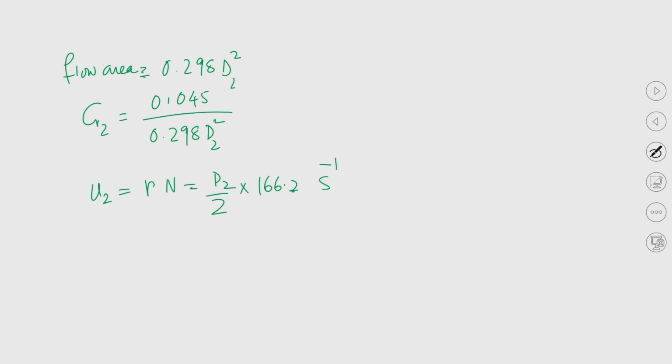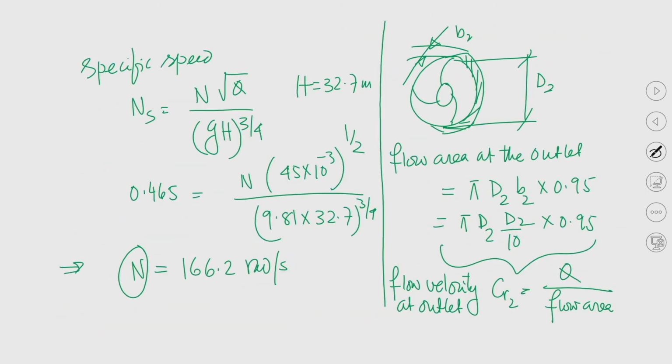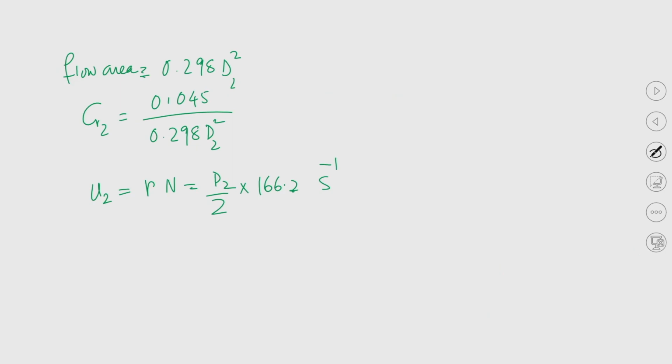Now, here another important piece of information is given, that manometric efficiency is 75%. So, what is manometric efficiency? See, H actual equal to some constant into H ideal, that is what we have discussed many times.